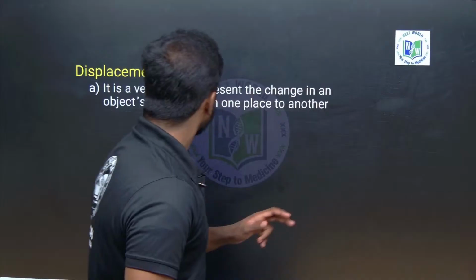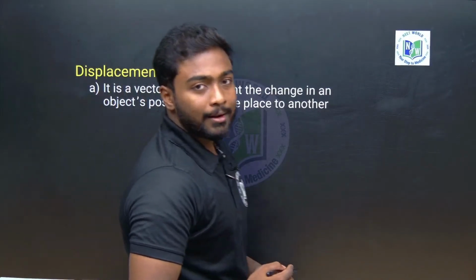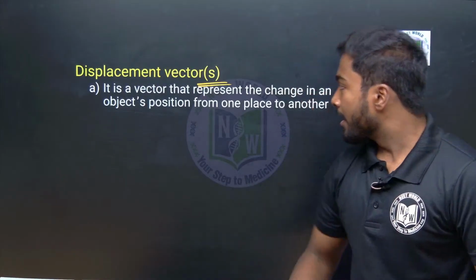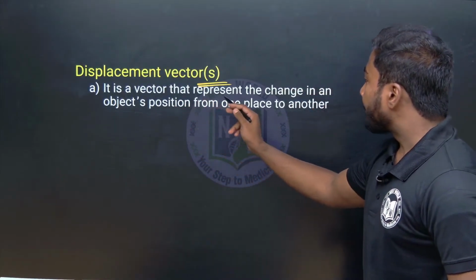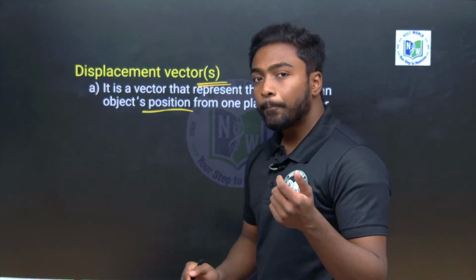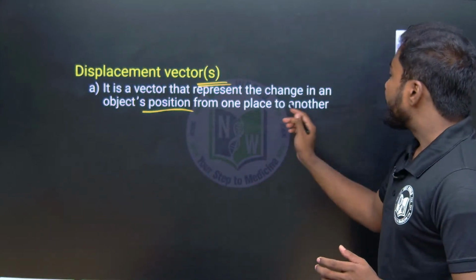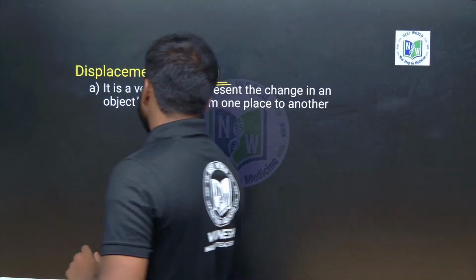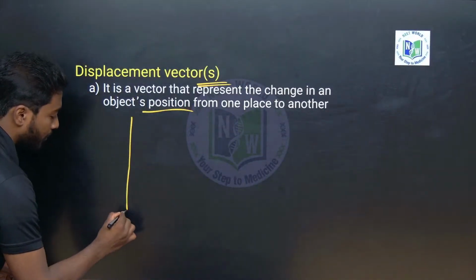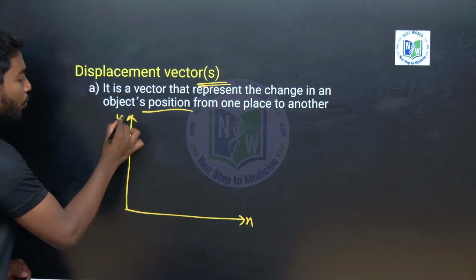The next one is the displacement vector, which is denoted by the letter S. It is a vector that represents the change in an object's position. If the position is changed, I can say it is displaced from one place to another. For example, this is my x axis and this is my y axis.